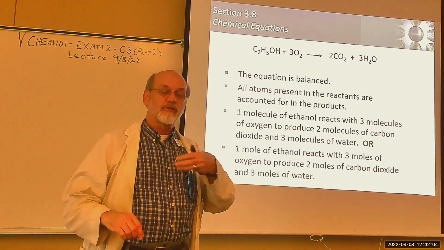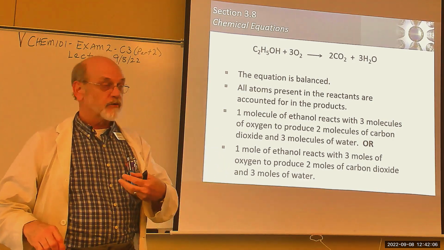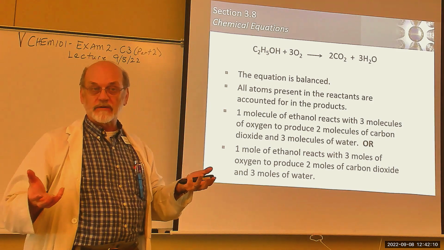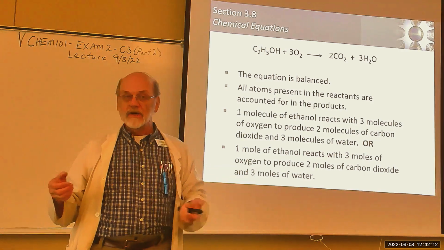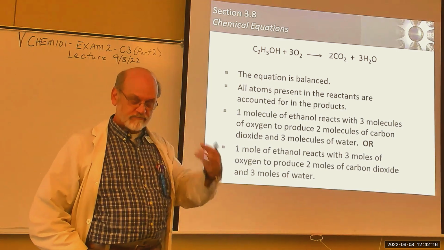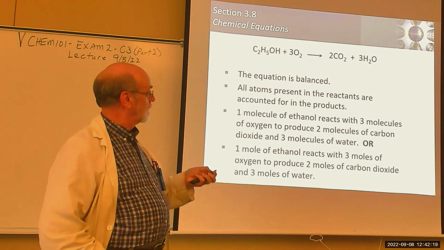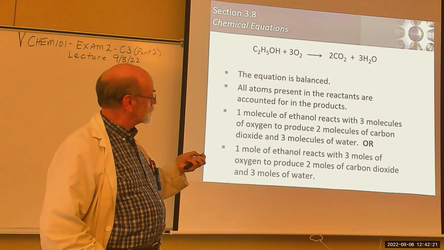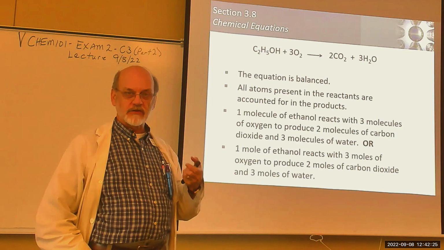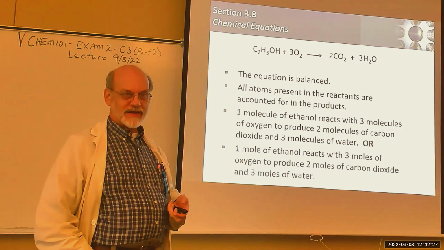When you see it in front of a compound or in front of a diatomic element, for instance, in front of an H2, it means that there are 2 of whatever follows. So here we're saying there are 2 CO2s. That means we have 4 oxygens and 2 carbons on the right-hand side.